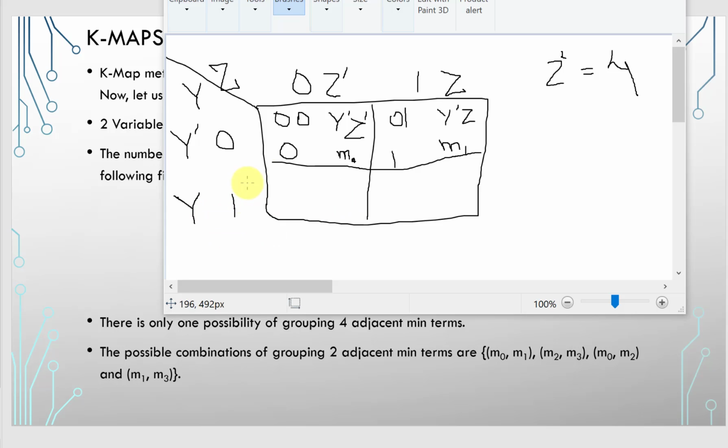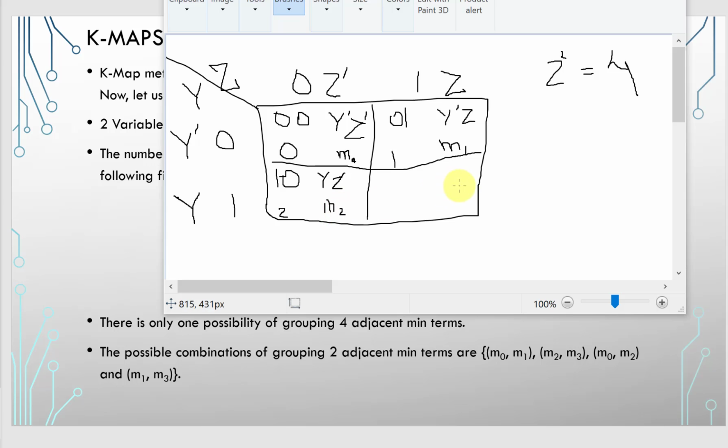Now what we will do, 1, 0, and y z complement. And what is the decimal value for 1, 0? 2. It will be m2.